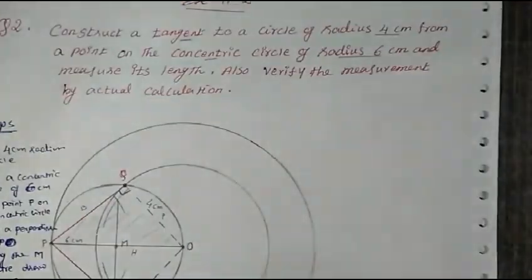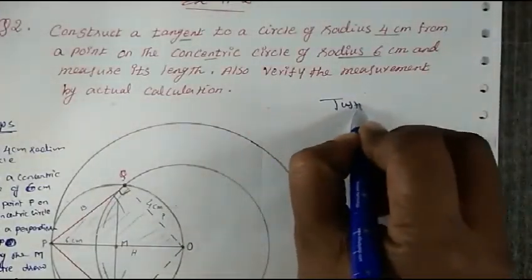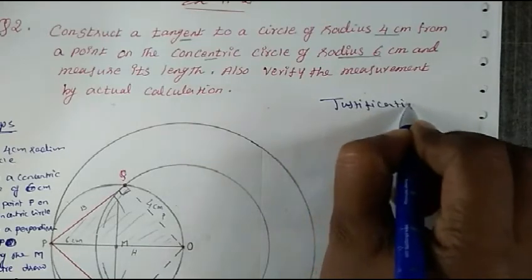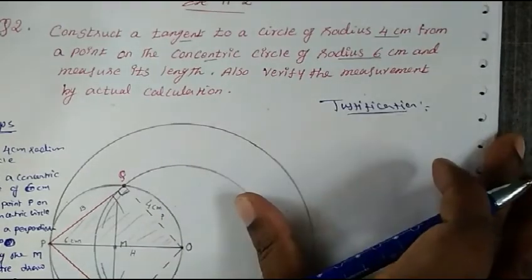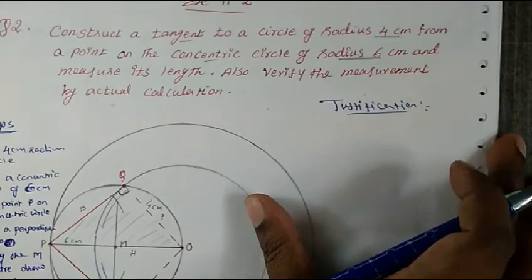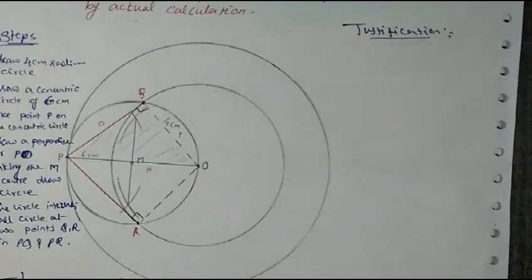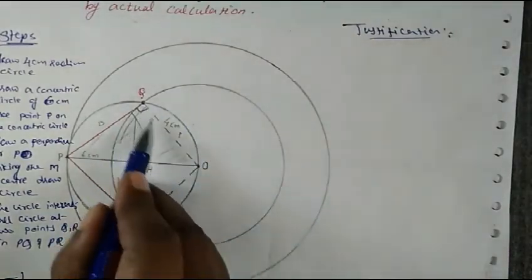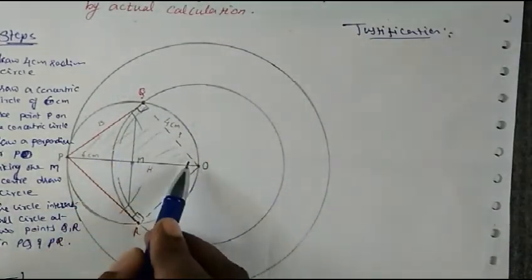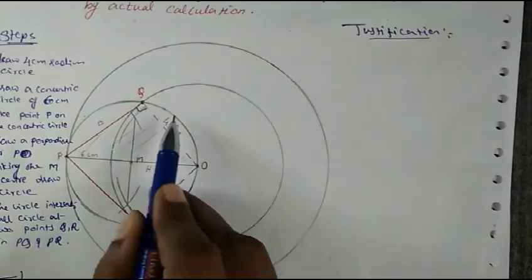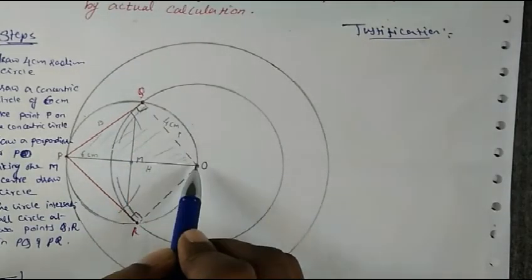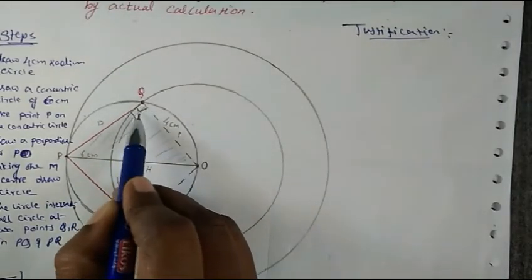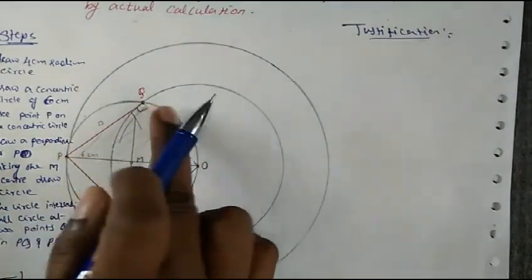Now justification. In the introduction, 11.2, I explained what we have to justify. To justify that this is the tangent, you have to say this is the radius of the circle, and that is one thing, and you have to say this angle is 90 degrees because it is formed in the semicircle.